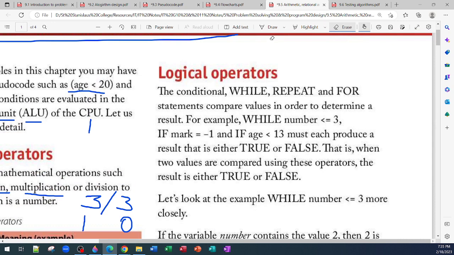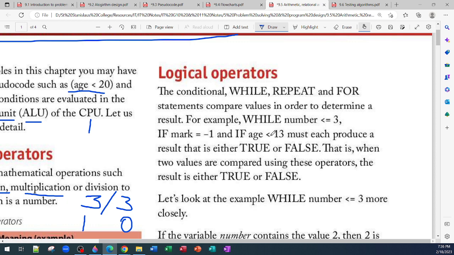Now, the most complicated one, the logic operators. Now, the conditional, while, repeat, and for statements compare values in order to determine a result. For example, while number is less than 3, if mark is equal to -1, if age is less than 13.